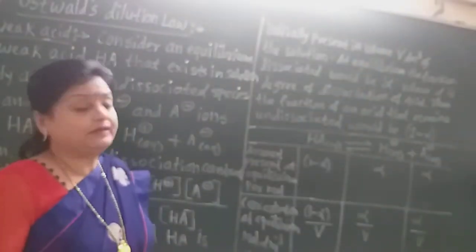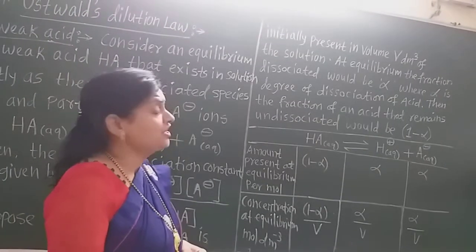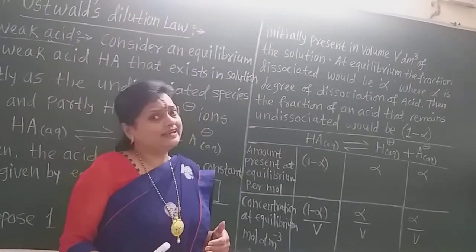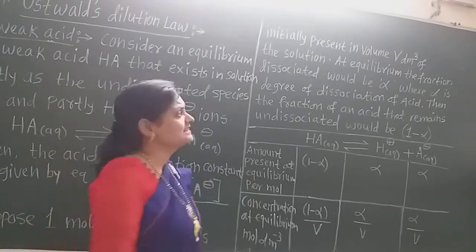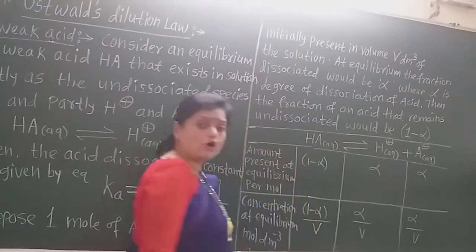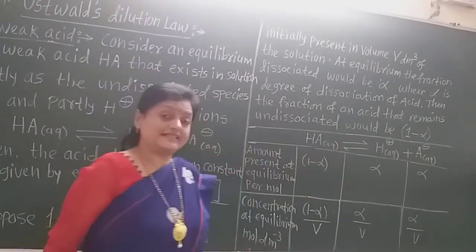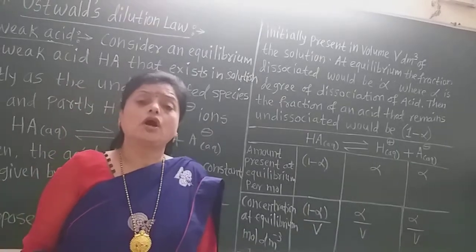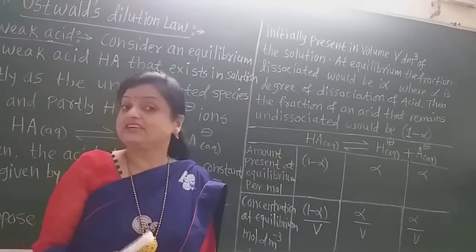So at equilibrium the fraction dissociated would be the degree of dissociation, and that fraction is alpha. Alpha is the degree of dissociation of acid, because at equilibrium out of that 1 mole only alpha gets dissociated as it is a weak acid.